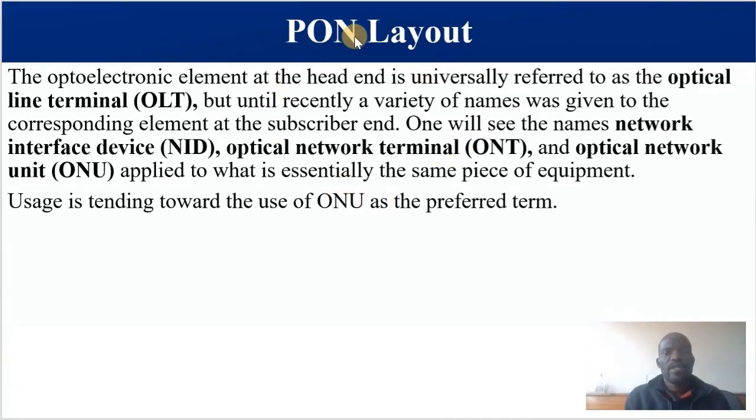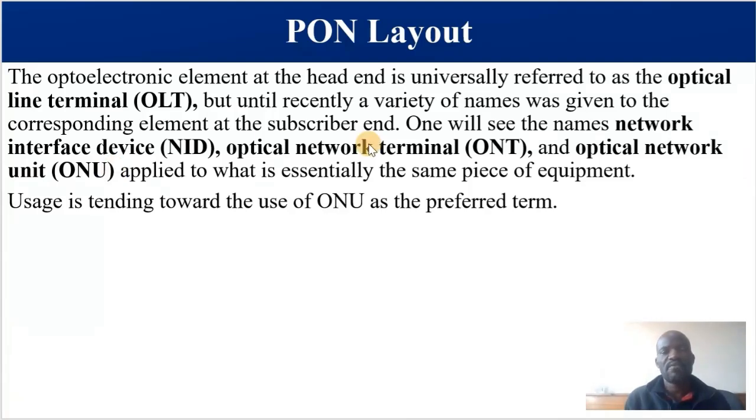We had two devices that need power in order to operate. That's the OLT, which is normally found at the head end, and the customer premises equipment, which is known by the following names. Some call it the network interface device, NID, while some call it the optical network terminal, ONT, and others call it the optical network unit, ONU.